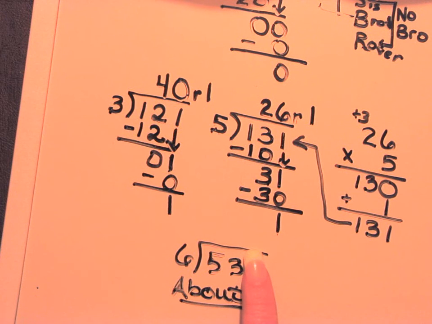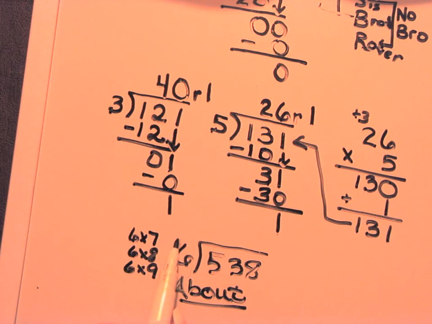And you got to think about those 6 factors. So you think of 6 times 7, 6 times 8, 6 times 9. Well, when we think about these, we have 6 times 7 is 42, 6 times 8 is 48, 6 times 9 is 54. 54 is real close to 53.